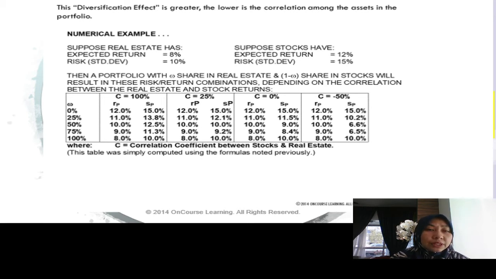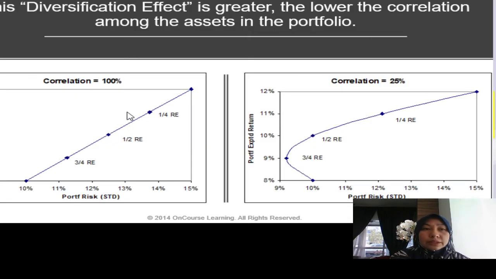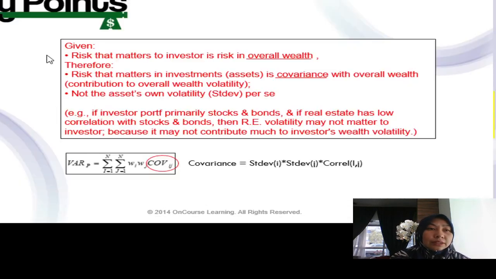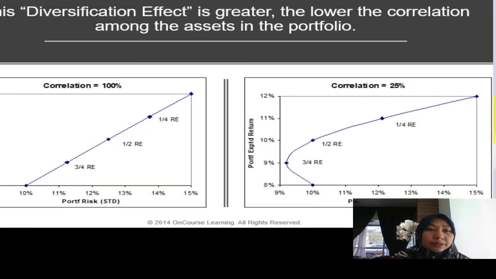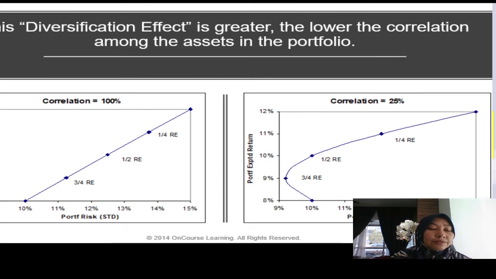So these two assets in the portfolio should not be highly correlated. We can see here that the diversification effect is greater the lower the correlation among the assets in the portfolio.